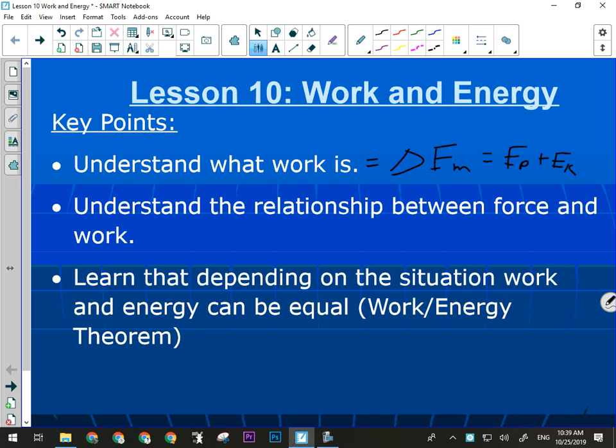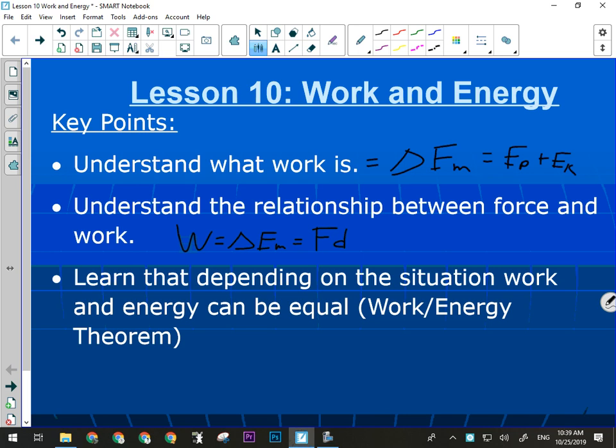Now, in Science 10, you may have also looked at the relationship between force and work and discovered that work is not only a change in mechanical energy, but it was also force times distance. That means if I exert a force on something and it moves through a distance, I'm going to do work.